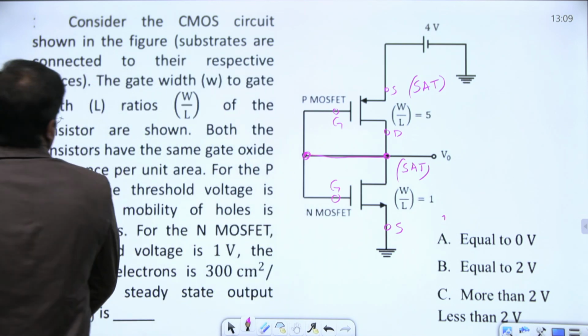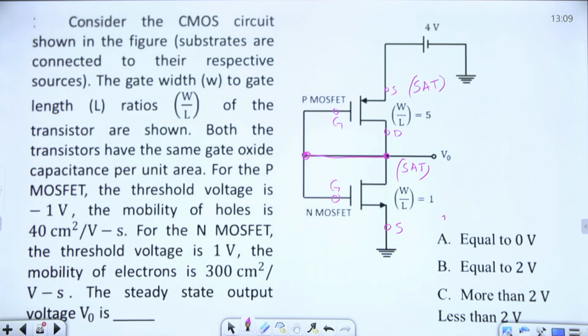What they are asking us to determine here is the steady state output voltage. What is the data given? The threshold voltage is -1, the mobility of holes is 40 centimeter square per volt second, and for the N MOSFET the threshold voltage is +1 and the mobility of electrons is 300 square.